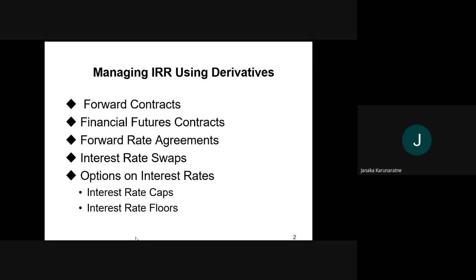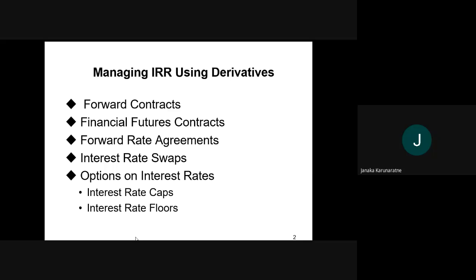So basically derivatives are financial instruments used to mitigate a particular risk. Could be equity price risk, interest rate risk, foreign exchange risk, depending on the underlying instrument. It may be paddy, a particular stock, an interest rate related instrument, or foreign exchange.